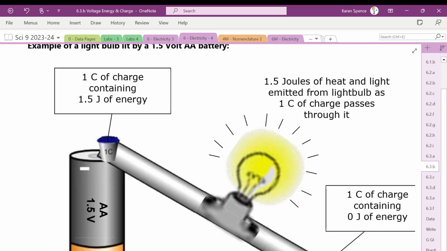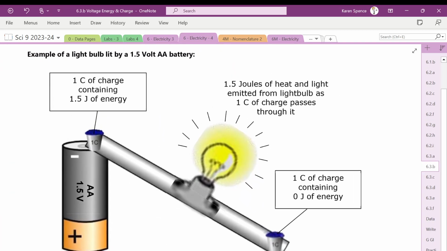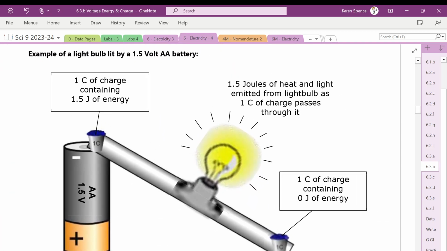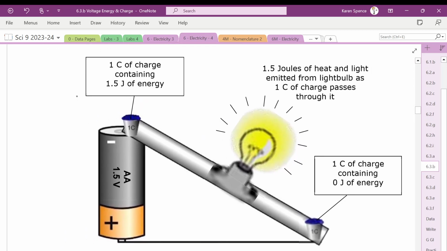All right, so let's look at this one. The guy on the video talked about this, but he didn't actually show it. So what happens is that the electrons down here have 0 joules of energy.